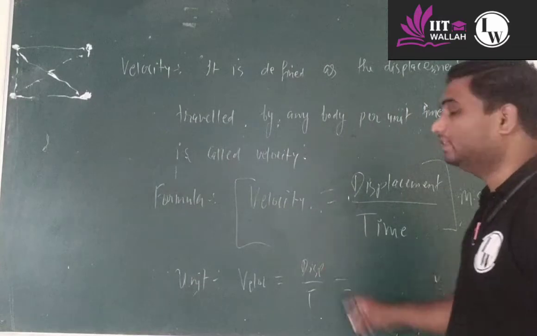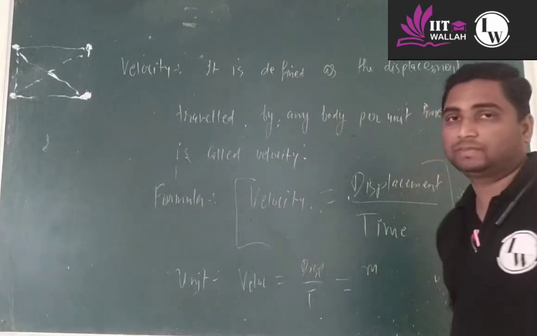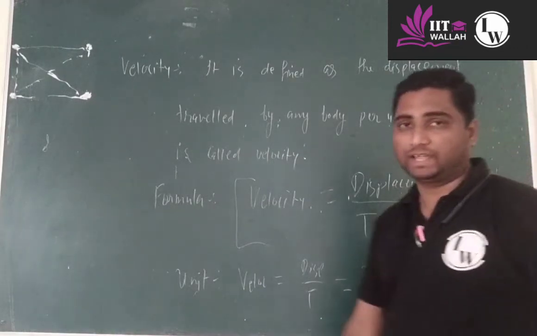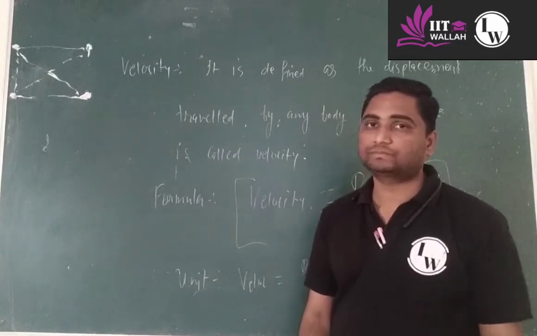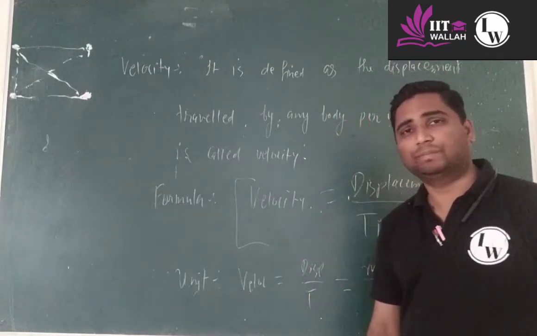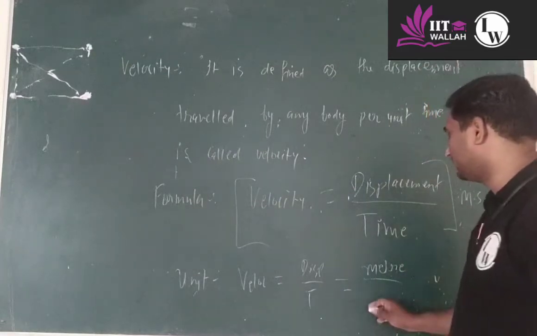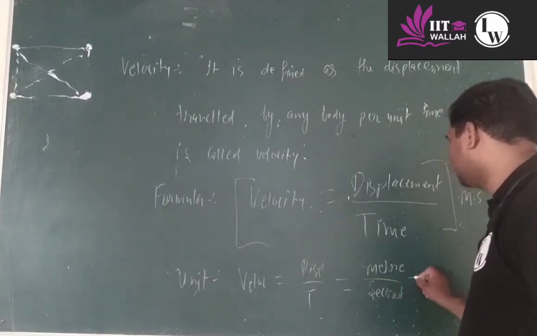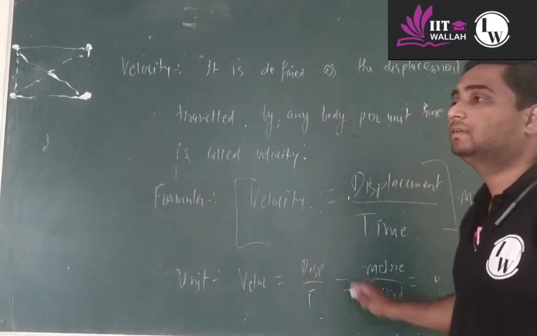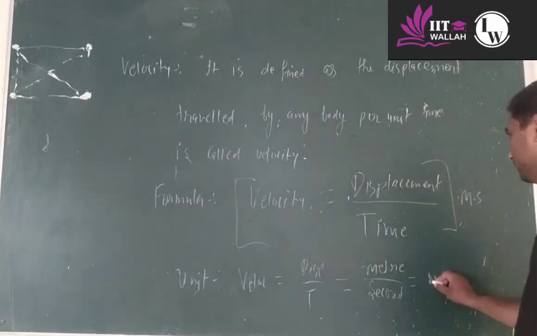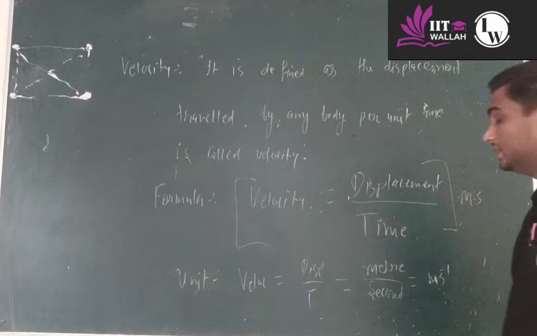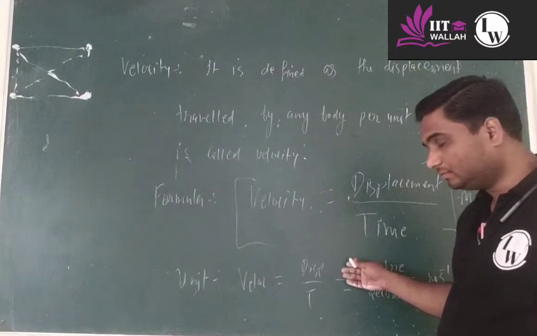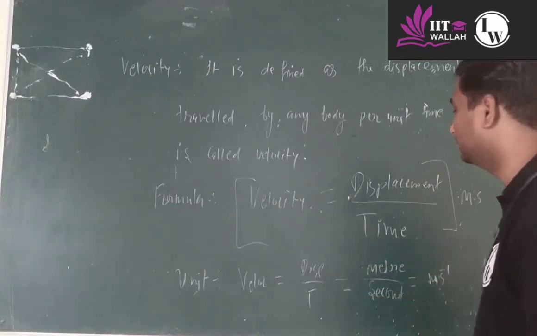Suppose you have taken the length in meter, and time can be second, hour, minute, per day, per week, per light year, like that. So take the time in second. So the unit of velocity will be meter per second. You can write meter per second. Maybe the unit is kilometer per hour, kilometer per minute, kilometer per second, like that.